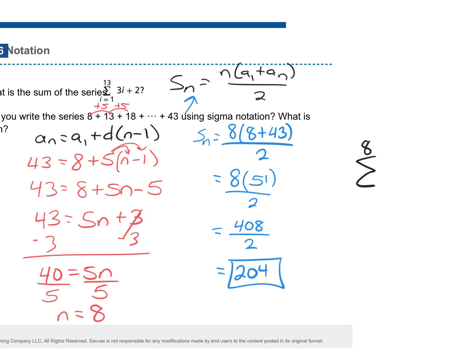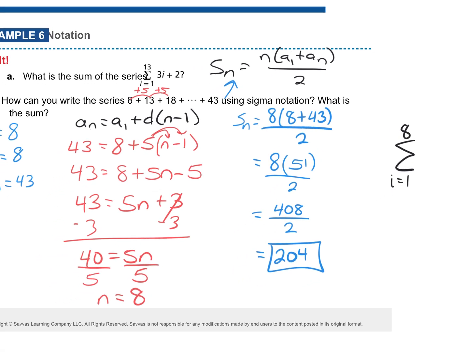What always goes on the bottom? I equals 1. How do we figure out what goes here? 204? Nope, that's our overall sum. We need an equation that goes there. What is an equation that will help us find any term in the sequence? We've kind of already found it somewhere.